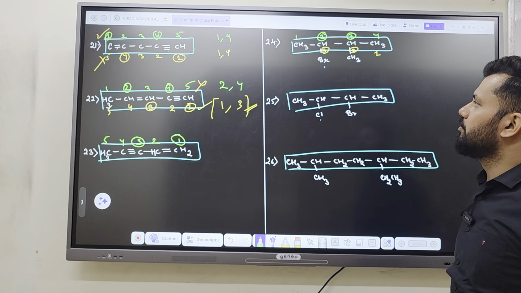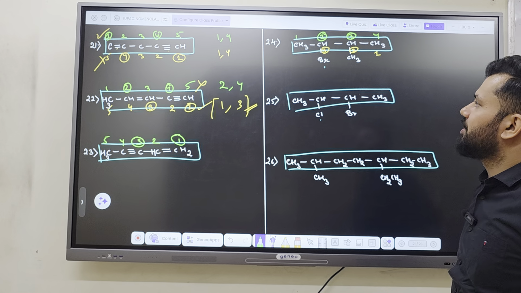So what to do? We cannot resolve the doubt. So we will say, sir, this guy is bromo and this guy is methyl. They are not the same. And therefore, we have to assign minimum number to that substituent which occurs alphabetically above.